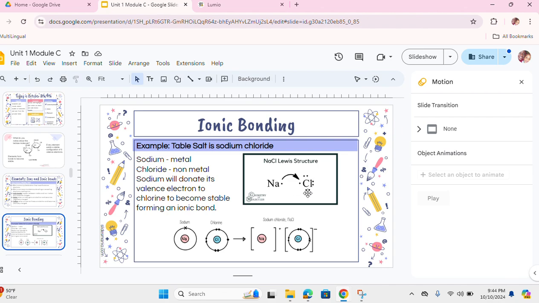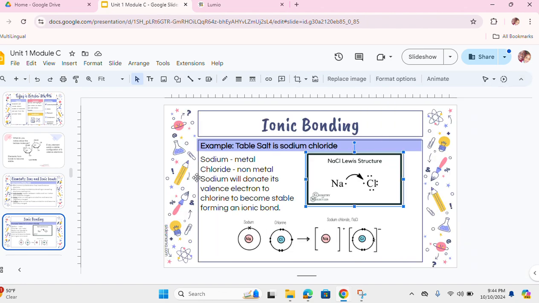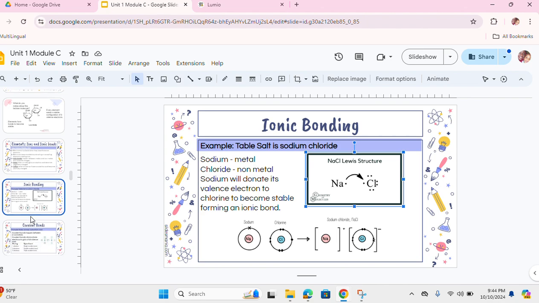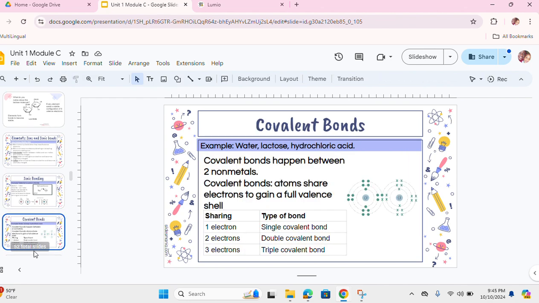Sodium chloride is table salt. Some of you are familiar with Epsom salt. Epsom salt is magnesium chloride, and it works very much the same way, where magnesium will donate its 2 electrons to chlorine. So 2 chlorines plus 1 magnesium gives us magnesium chloride.